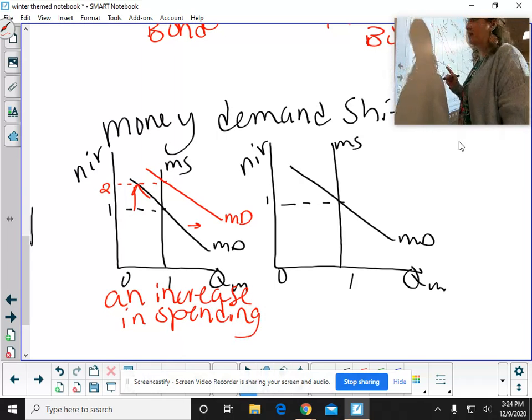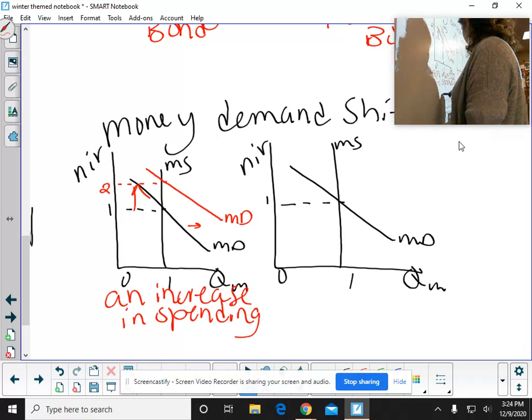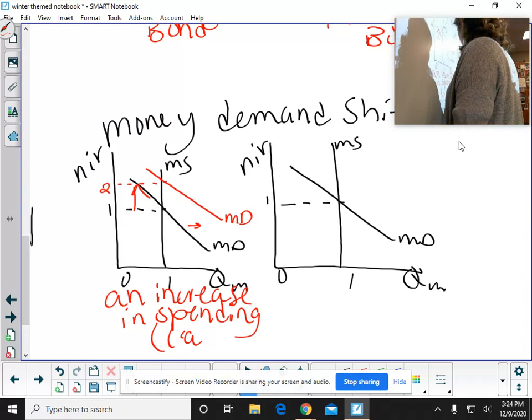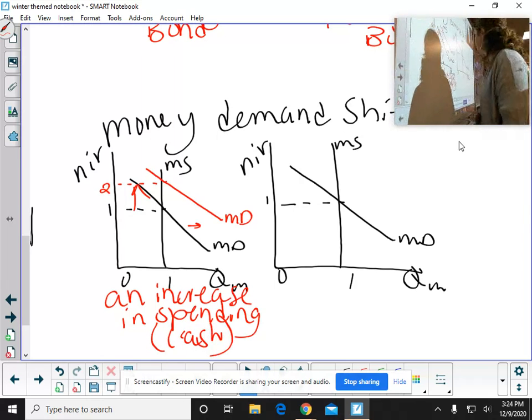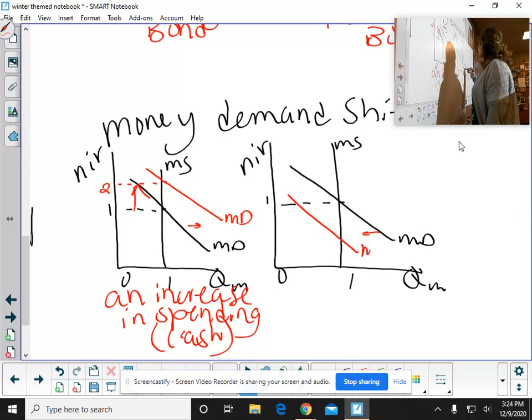Because this is money, the supply of money in circulation like M1. So spending basically in cash. You reach for your wallet to pull out a 20, that's more money demand. A decrease in money demand is caused by less spending in cash.